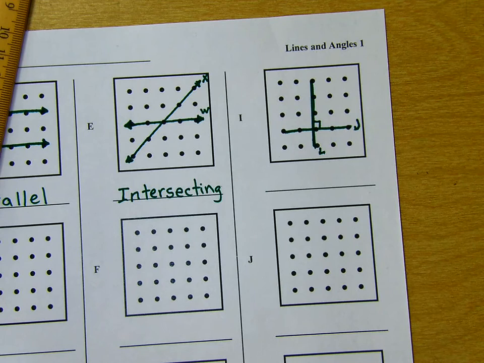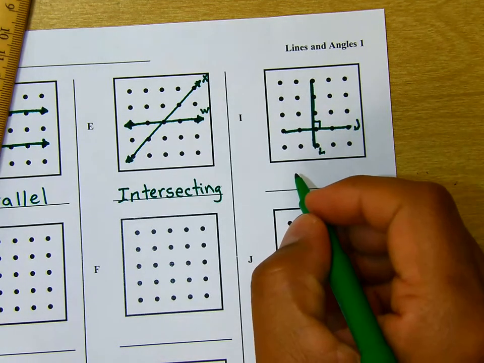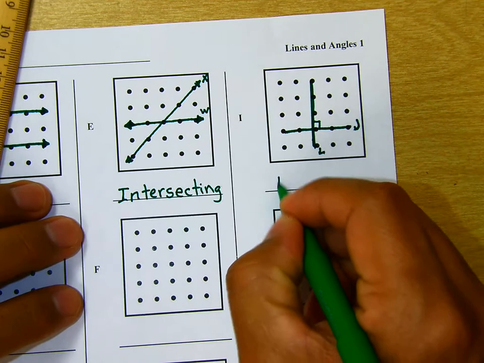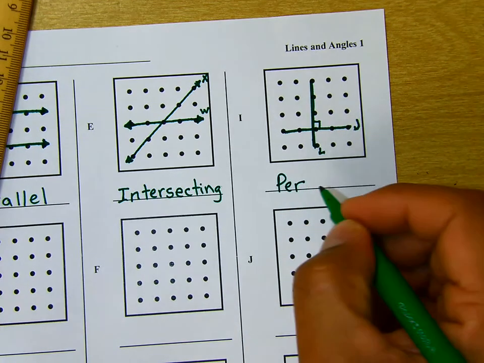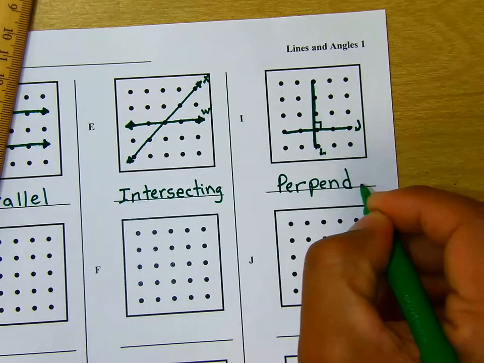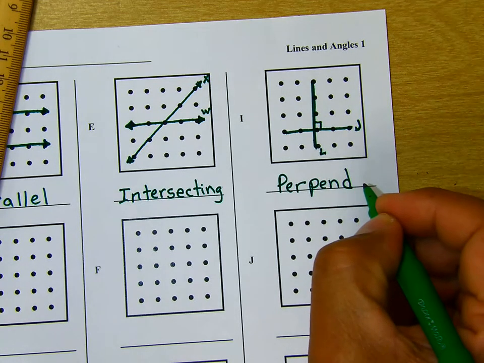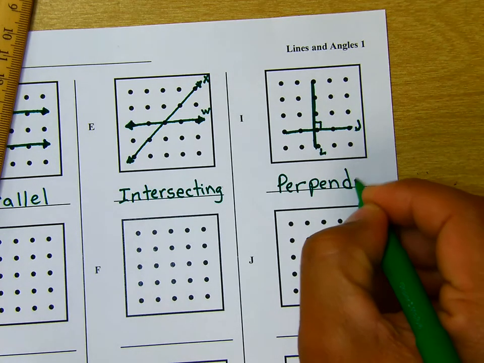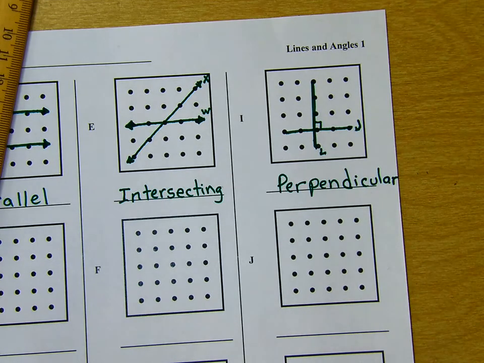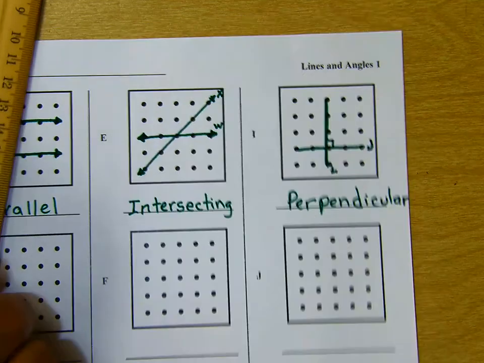It's a special kind of intersecting line. So we're going to label this as perpendicular lines.